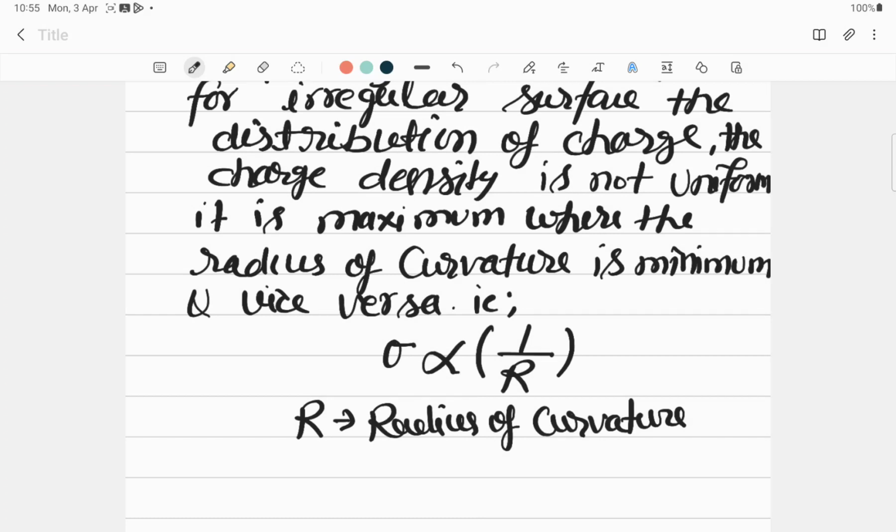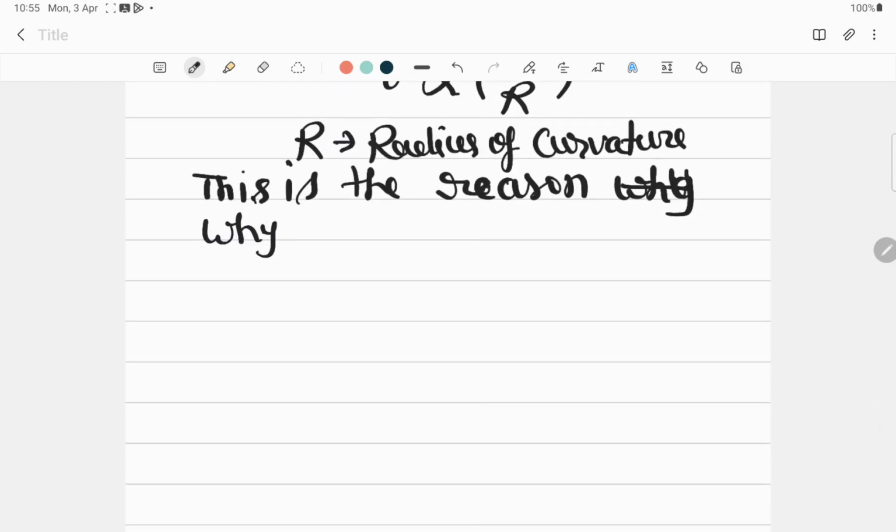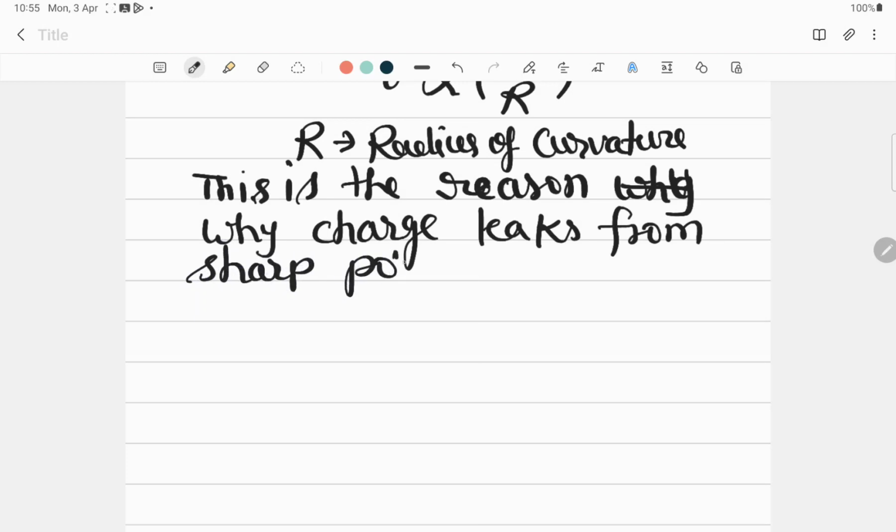So this is the reason why charge leaks from sharp points. Suppose this is a uniform and regular body, regular shape.